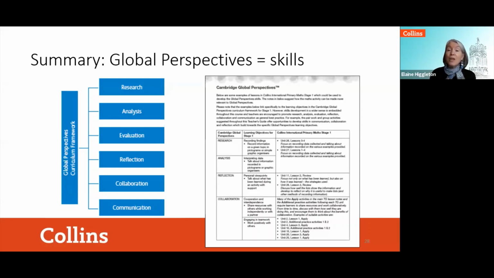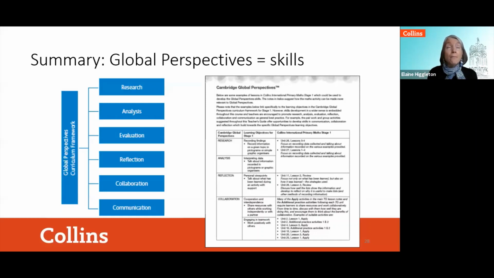We're saying that the skills for Global Perspectives are also relevant in English, science and maths. Please be aware of that, and please get your students to benefit from all of the wonderful activities that help them develop those skills in English and the other subjects. Get them to benefit from that in Global Perspectives as well.